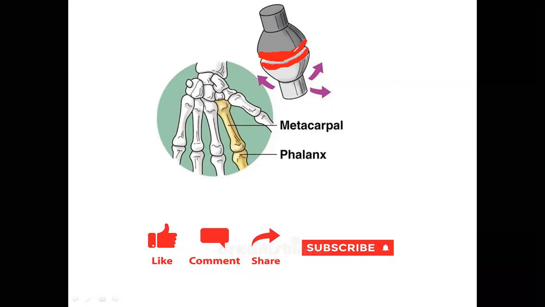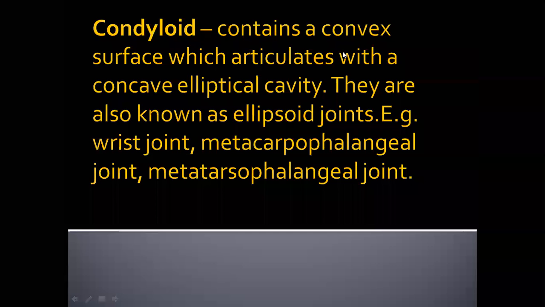So they joined with each other, and we can see the example metacarpophalangeal joint. This is the metacarpal and this is the phalanx. So between these two bones, we can see the condyloid joint. Examples: metacarpophalangeal and metatarsophalangeal joints.